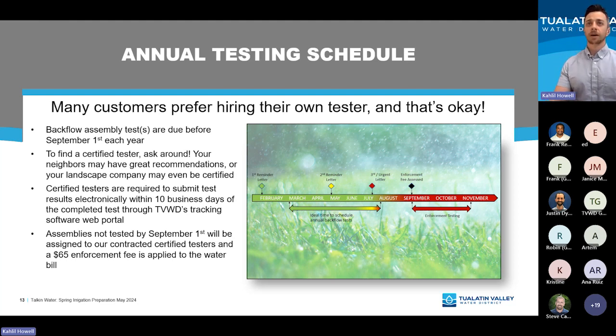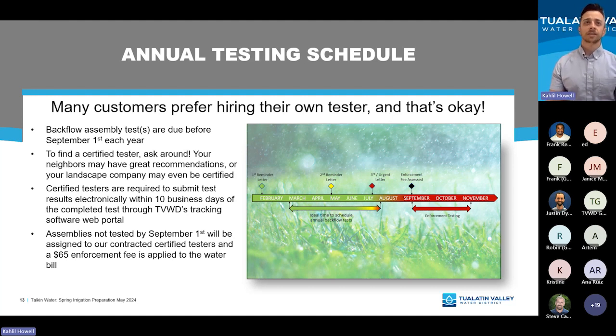But first, let's talk about finding your own tester. If you want to hire your own, that is absolutely okay. Just a few key points: all testing is due before September 1st of each year. However, feel free to have this test completed earlier, such as the springtime, which is an optimal time. You'll receive several notices from us throughout the year to remind you of this annual test.